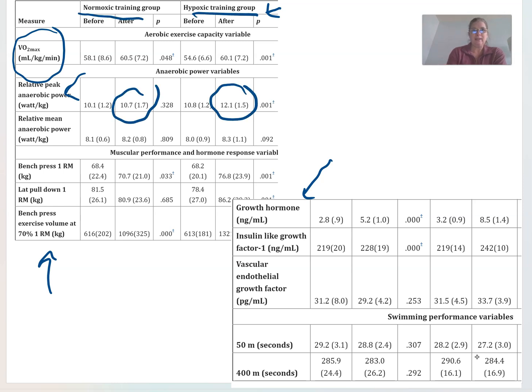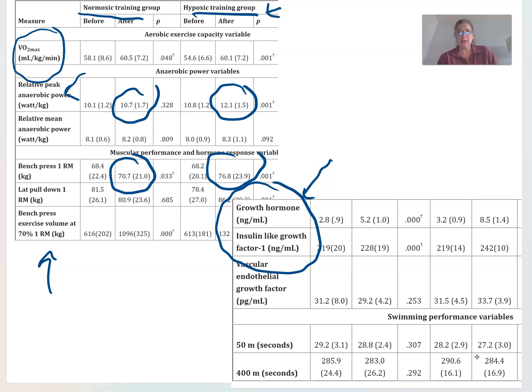Notice the hypoxic went up in that. They also, if you look at their weights, they got stronger. And so it seems to be coming down to a couple hormones. Growth hormone, remember, triggers bone and muscle growth. So this group, the hypoxic group, did have a higher surge in growth hormone and insulin-like growth factor.